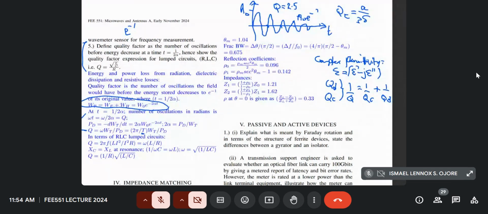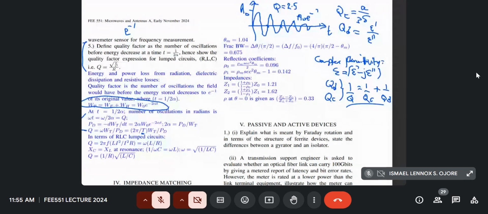What about QD? If the permittivity is complex, then QD is going to be the ratio of the real component over the imaginary component. Then you use this to compute.